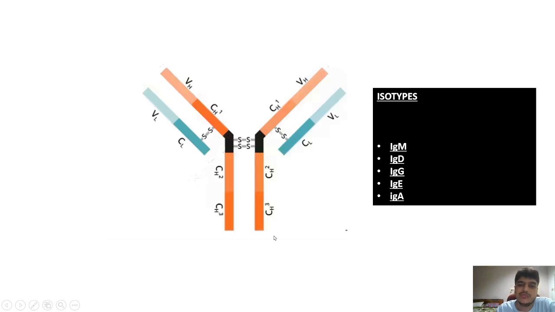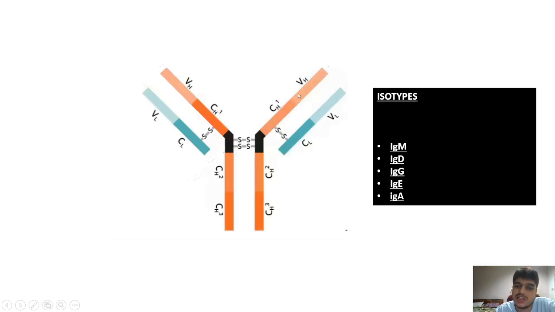This diagram is a very familiar diagram showing the structure of an immunoglobulin, that is the antibody. Here you can see it has 2 chains. This one in orange is called the heavy chain and this one in blue is called the light chain.